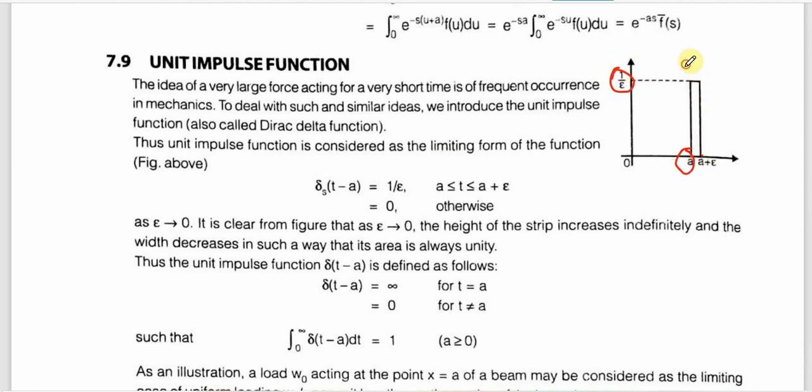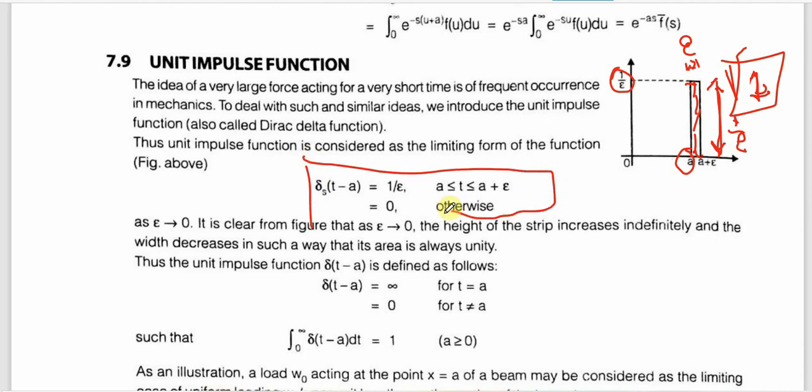Watch how much amount we are increasing here, only a little epsilon. That much epsilon goes there, and the height is 1 by epsilon. It means its area should always be 1. The area under this curve should be 1. So this is its meaning, and this is its graphical representation.